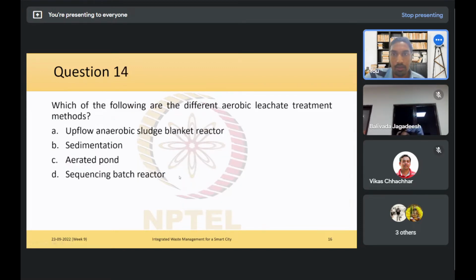Okay, so question number 14 is: which of the following are the different aerobic leachate treatment methods? The options are upflow anaerobic sludge blanket reactor, sedimentation, aerated pond, and sequencing batch reactor. Which of these are aerobic processes for treating the leachate?